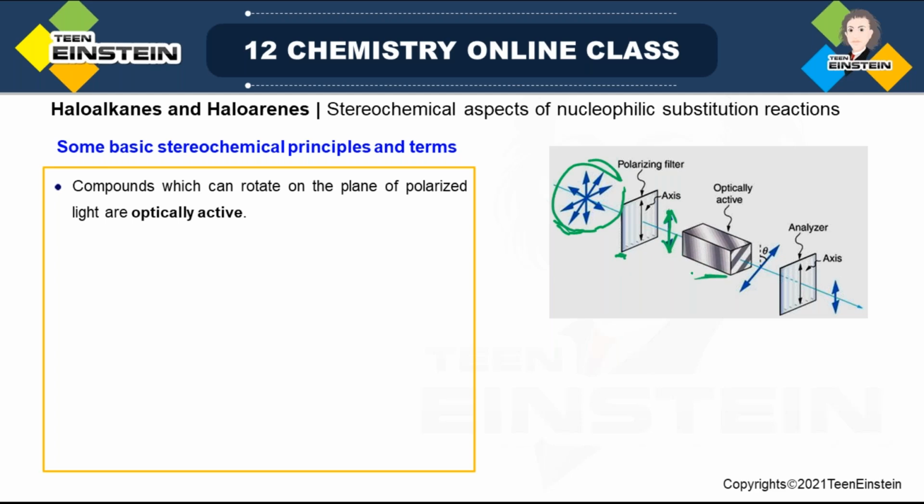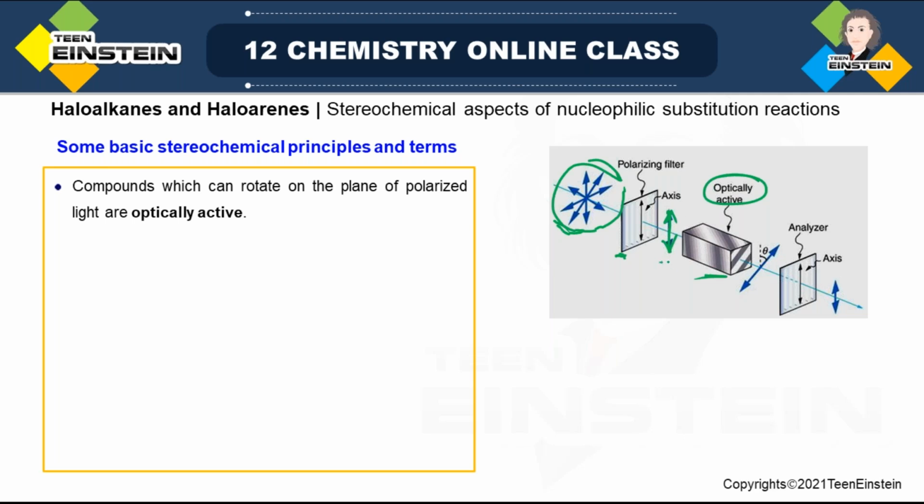And suppose in this part there is a compound which is optically active. Now this direction is vertical, but after this wave moves through this optically active solution, that is, the compound is in some solution and the wave passes through it, if the molecule is optically active, it has the property to rotate this plane polarized light.